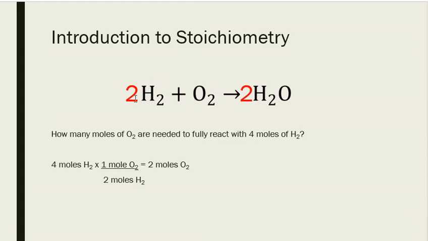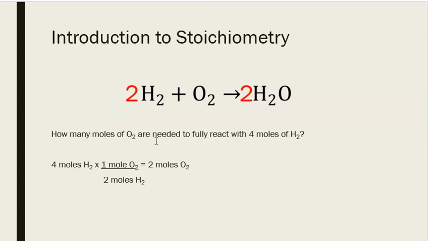So then you go 4 moles of hydrogen gas times 1 mole of oxygen gas divided by 2 moles of hydrogen gas equals 2 moles of oxygen.